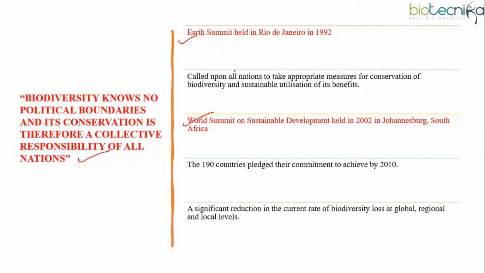Here all the nations were called upon to take appropriate measures for conservation of biodiversity and sustainable utilization of its benefits. In the follow-up, the World Summit on Sustainable Development was held in 2002 in Johannesburg, South Africa. 190 countries pledged their commitment to achieve by 2010 a significant reduction in the current rate of biodiversity loss at not only the global level but regional and local levels as well.